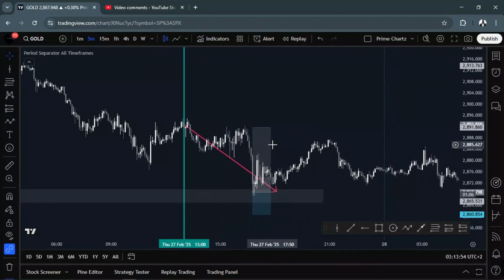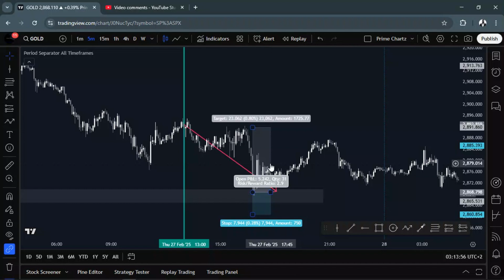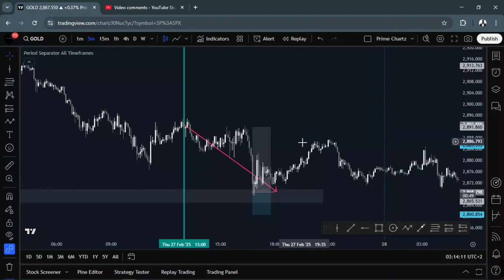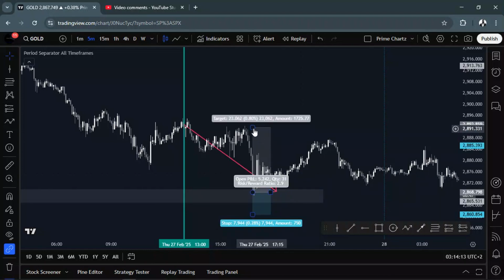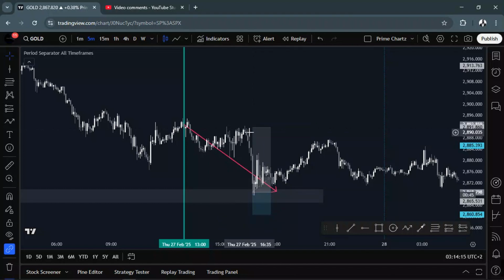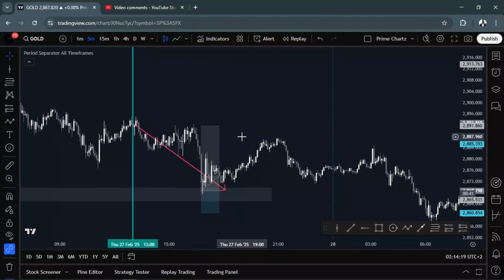So on Thursday, this was not a successful trade, only because our target was not hit. But we can clearly see that our conditions have been met. Price reversed from here. We anticipated that price was going to reverse, and price reversed. However, our target was not hit, making it an unsuccessful trade, right?